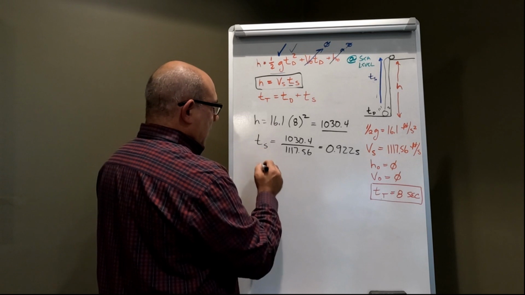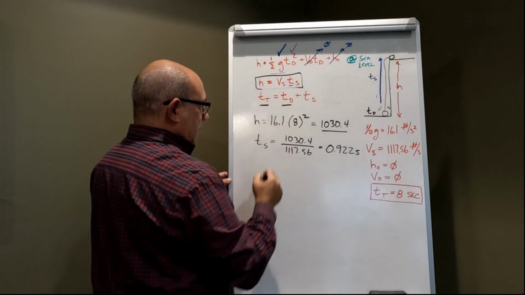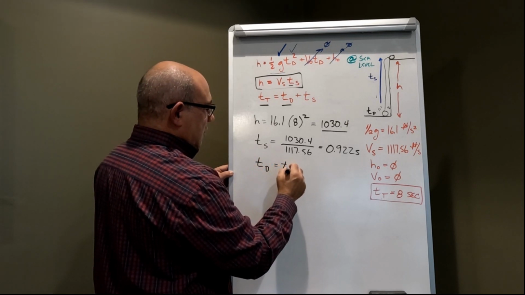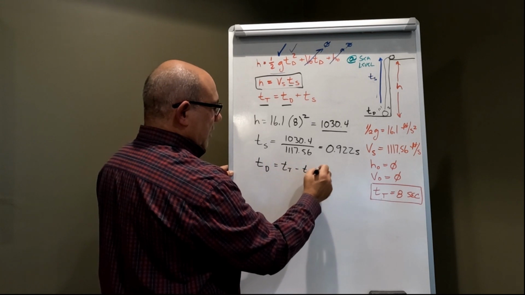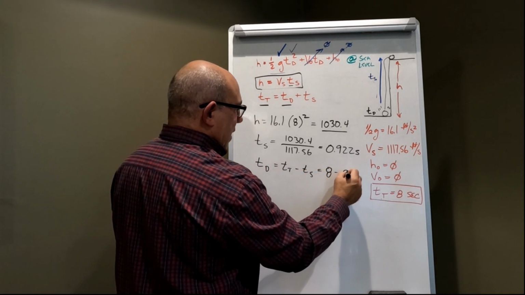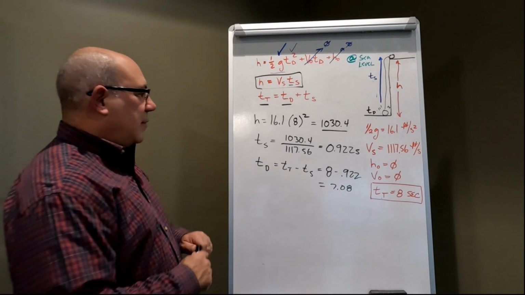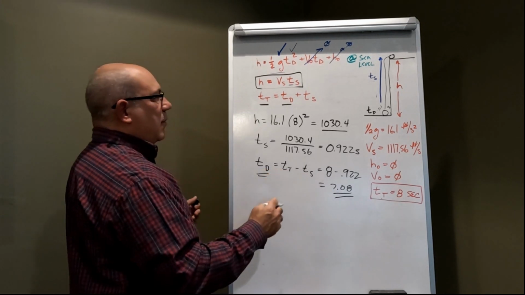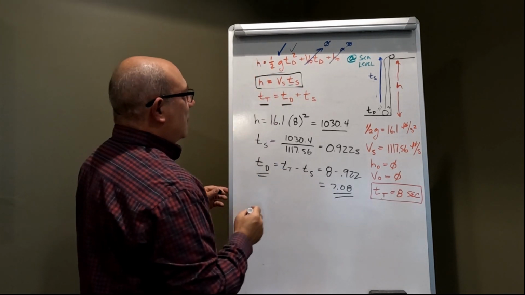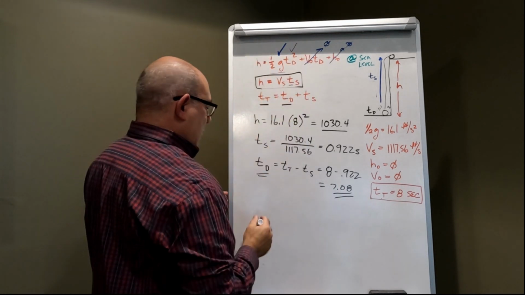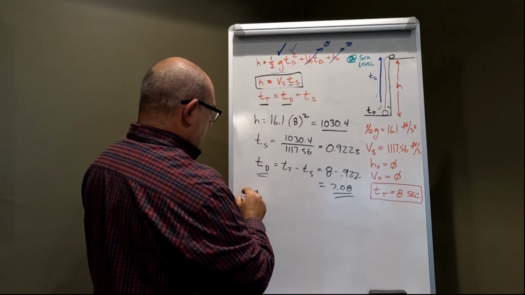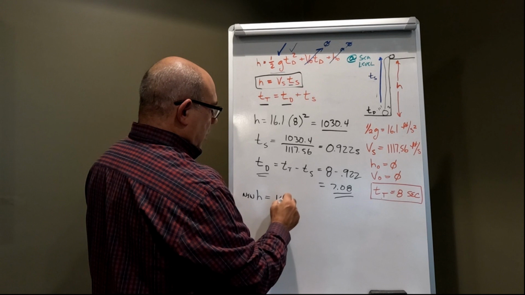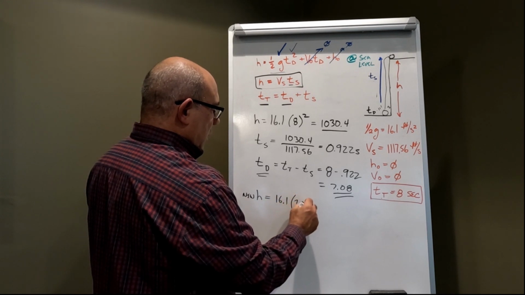Now, if we want to figure out the new time down, that's going to equal the time total minus the time of sound, which is 8 minus 0.92, equal to 7.08. Now, if we take this new time down and put it back into our equation for height from the acceleration of gravity, we will get the new height, equal to 16.1 times 7.08 squared.